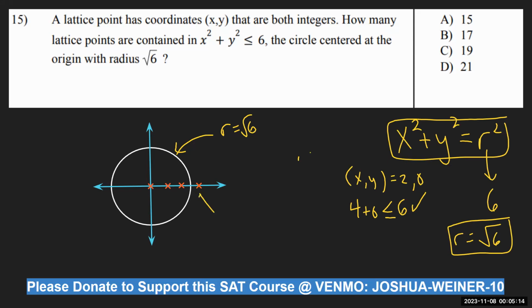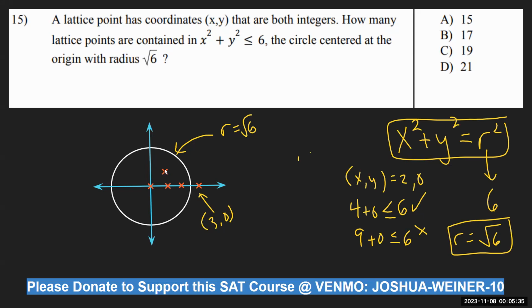However, the point 3, 0 is false for the inequality, because when we square 3, we have 9 plus 0 is less than or equal to 6, which is false. So these ones are inside the circle, but that one's outside. Make sense?